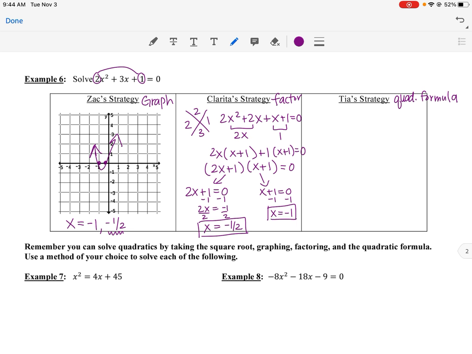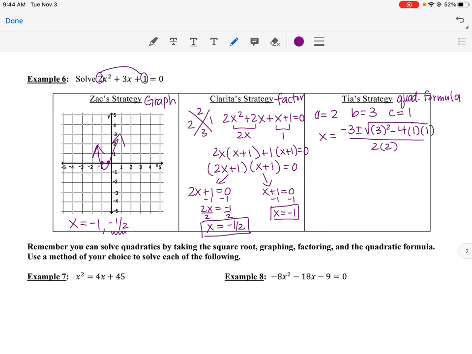Okay, let's use the quadratic formula. a equals 2, b equals 3, c equals 1. x equals -b, so -3, plus or minus the square root of b squared, 3 squared, minus 4 times a, which is 1, times c, which is 1, all divided by 2 times a, which is 2.